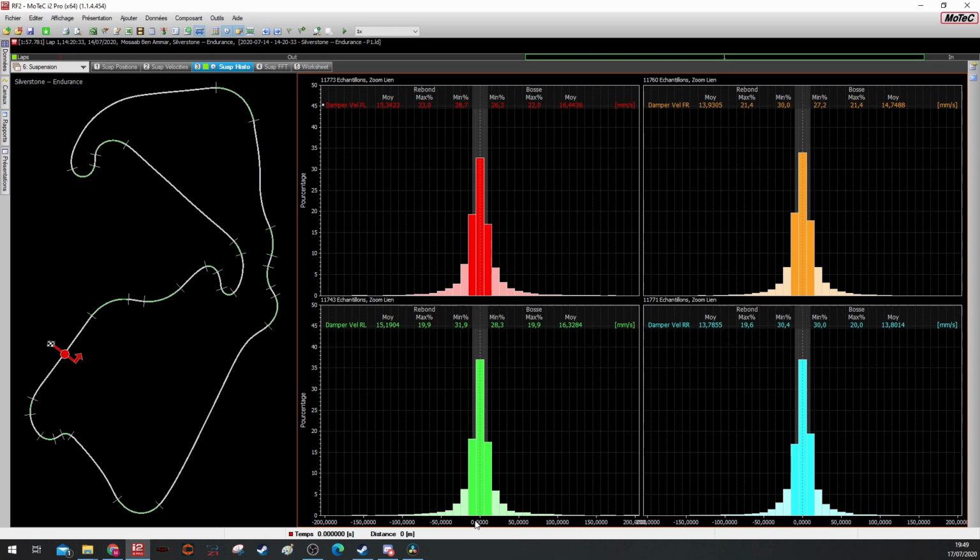From 0 to 50 millimeters per second, in theory, it's about the slow rebound and slow compression, and above that we see the work of the fast rebound and the fast compression.